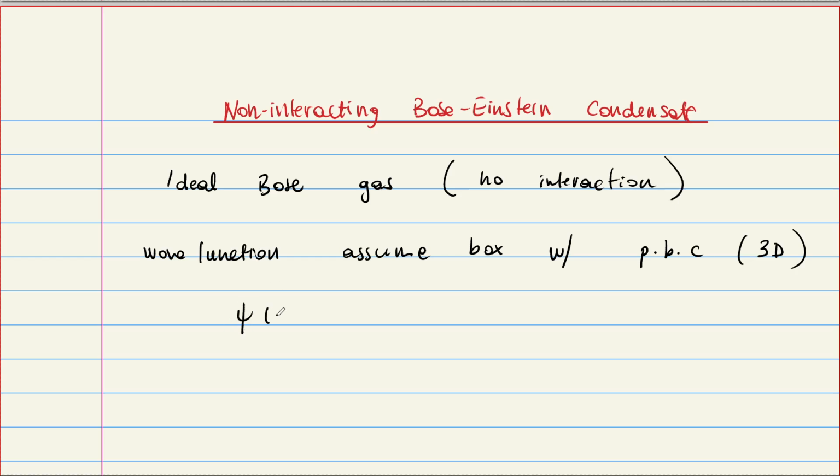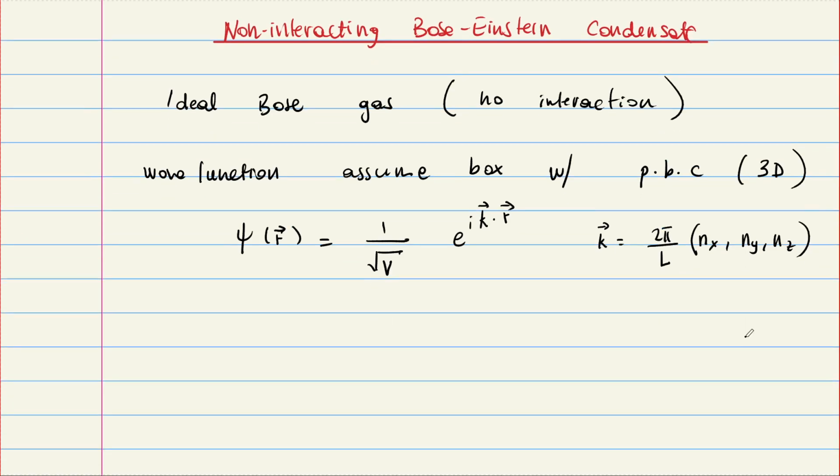The wave function is psi of r equal to 1 over root V e to the i k dot r, and k, because of periodic boundary conditions, is determined by 2 pi over L times three quantum numbers nx, ny, and nz. The spacing between these k is delta k equal to 2 pi over L, and V is L cubed, the volume.